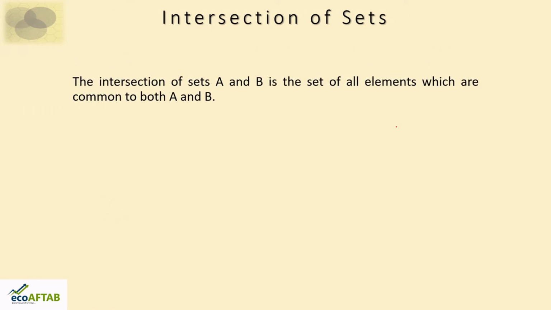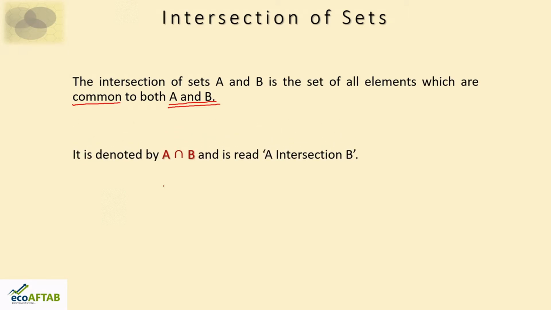Going ahead, the next important set operation is intersection of sets. The intersection of sets A and B is the set of all elements which are common to both A and B. Here we are speaking about only those elements which we found in both A and B, and that is what is called intersection.